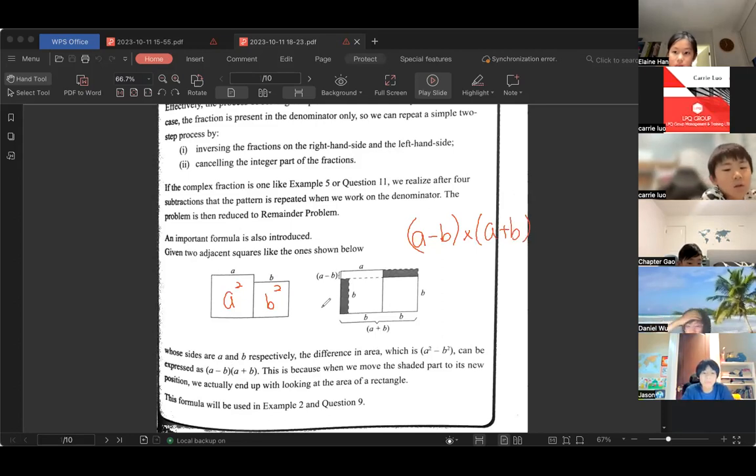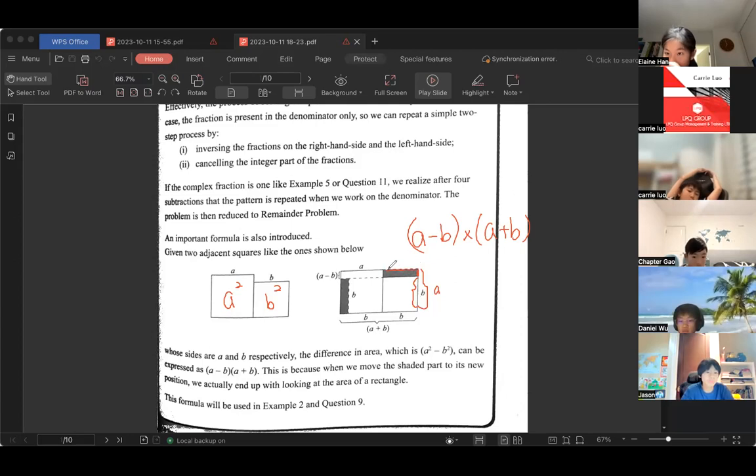And why? Let's take a look at this one. The part where A is bigger than B is the part which is shaded. Correct? Okay, so I want to ask you, this little red line is A minus B, correct?